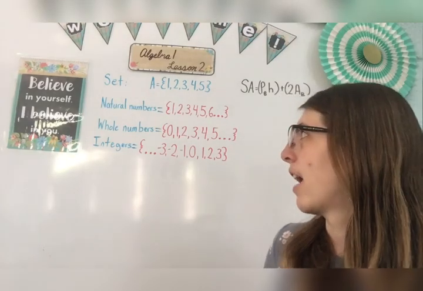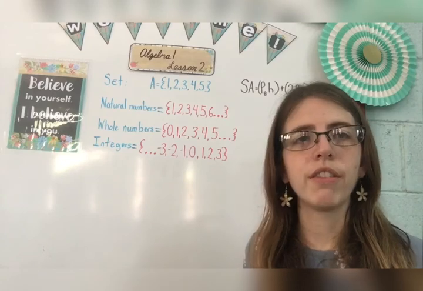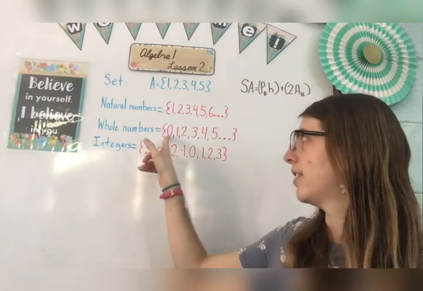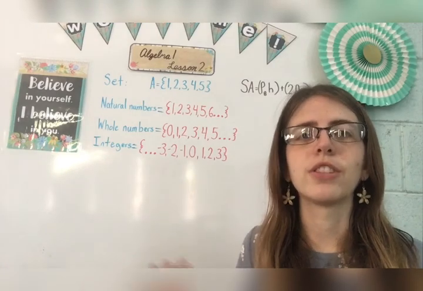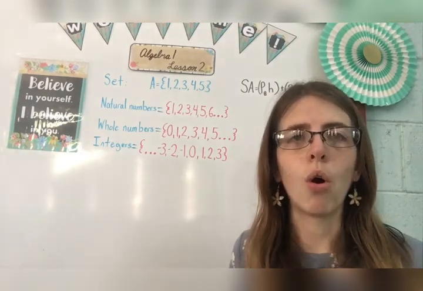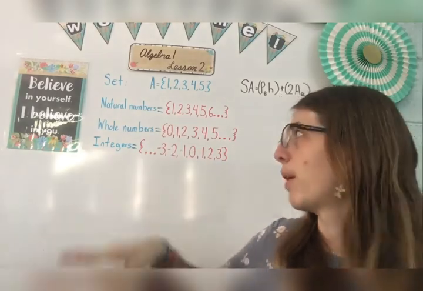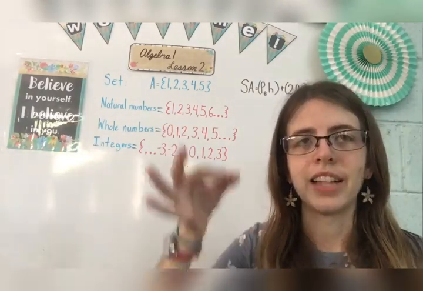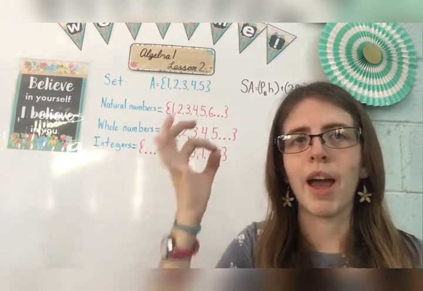Okay, now we have whole numbers. Well, your whole numbers are all of your natural numbers, just add 0. So think of whole like the word whole, like it's a hole in the ground, spelled without the W, but that's like a 0, right? A hole, 0. So whole numbers, you add the 0 to it.